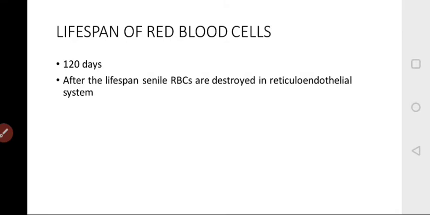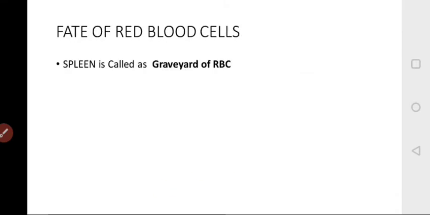Now we will see the fate of the red blood cells. When red blood cells become older, that is more than 120 days, the cell membrane becomes more fragile. The diameter of the capillaries is less than or equal to that of the RBC. Younger RBCs can pass through the capillaries easily.